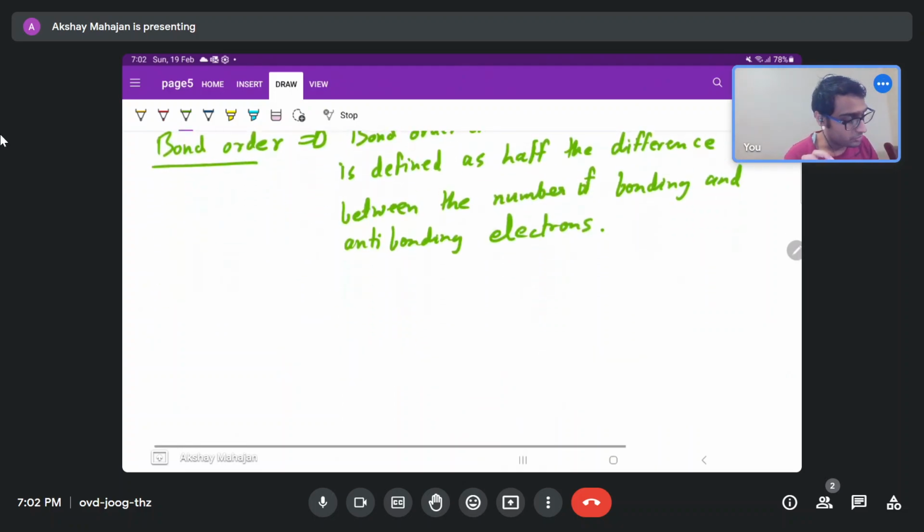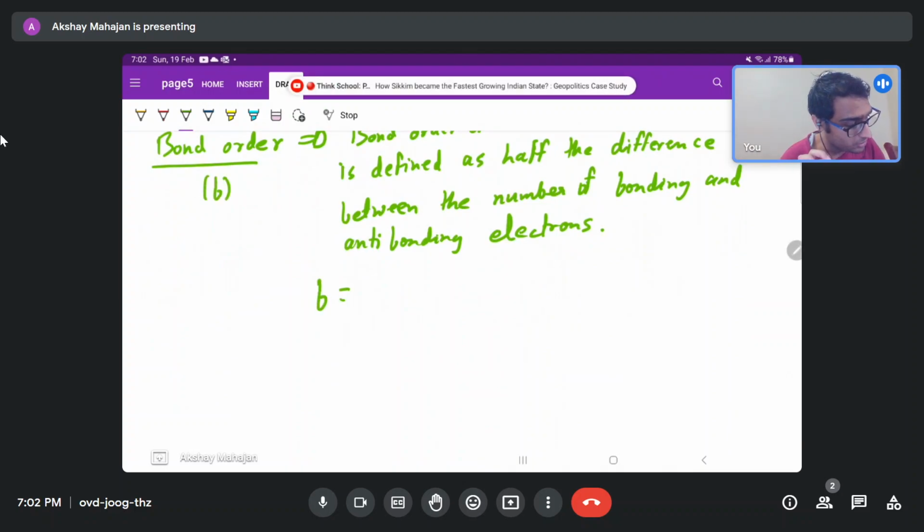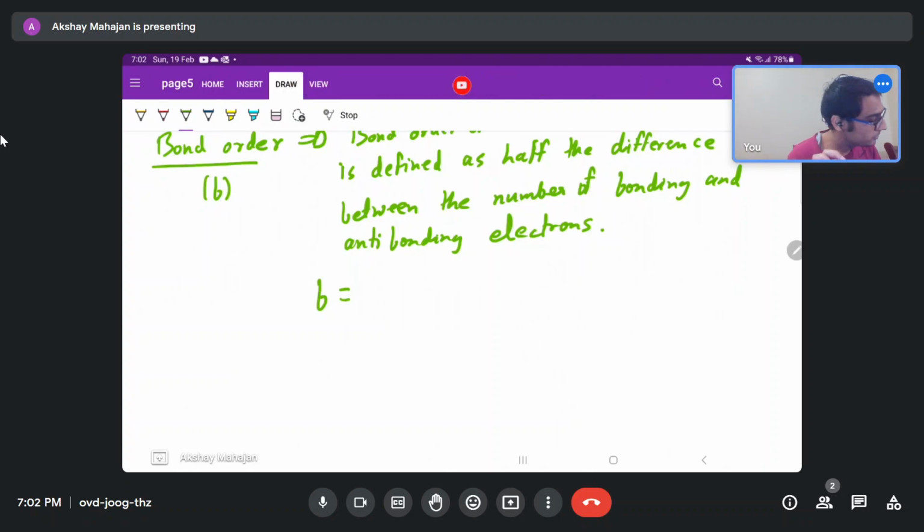Basically, bond order, represented by B, is equal to half of the number of bonding minus the number of anti-bonding molecules. Okay? Bonding molecule.